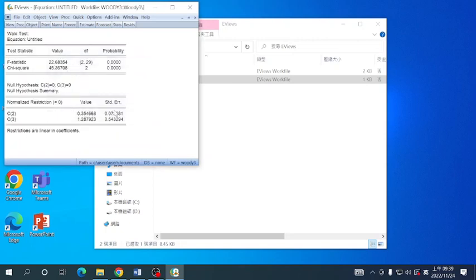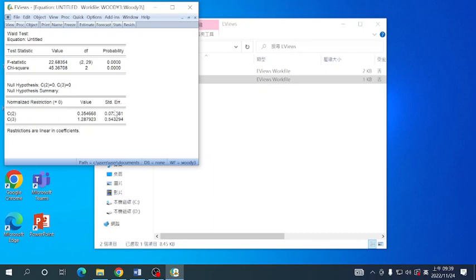This is the output. And what did you see? You need to see the statistic, which is from the F statistic. You don't have to read the chi-square or something. That's the same test but with different formulas.